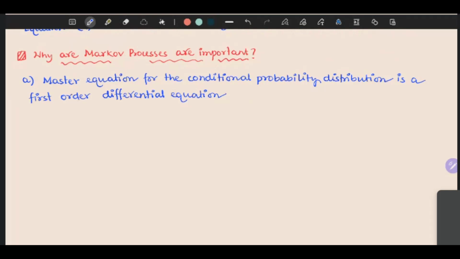Okay, this is a first order differential equation in the time variable.